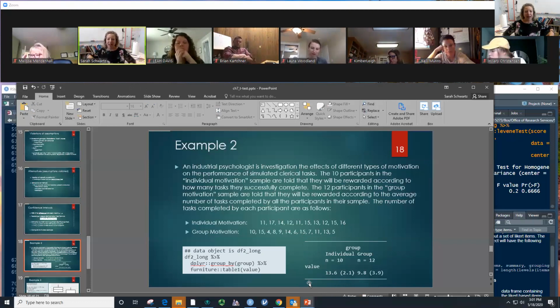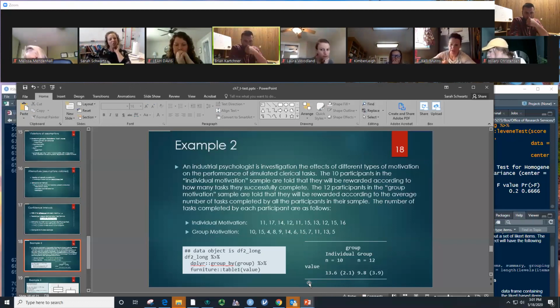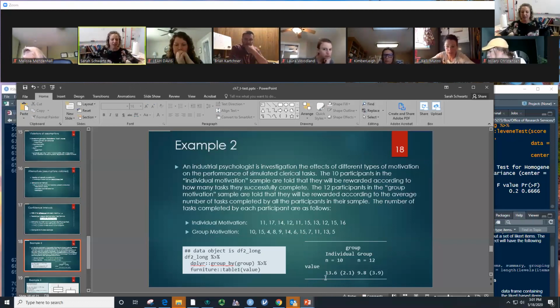What would be our capital D bar, the actual observed difference between the two? 1.8. So 1.8. We'd take 13.6. Oh, I was looking at the other one. 9.8. Yeah. 1.8 is the difference in the spreads.